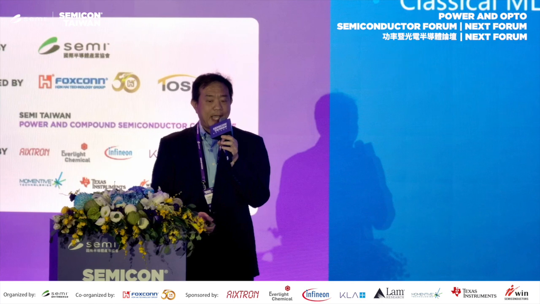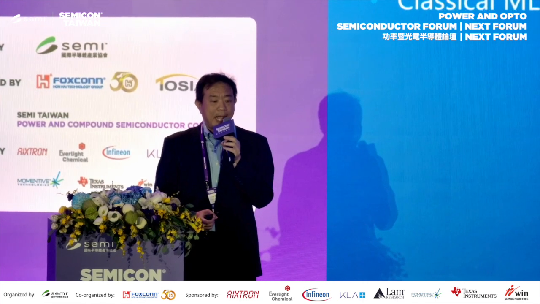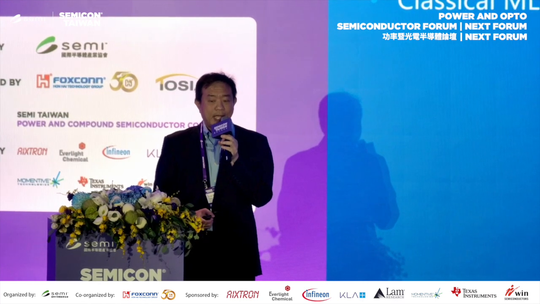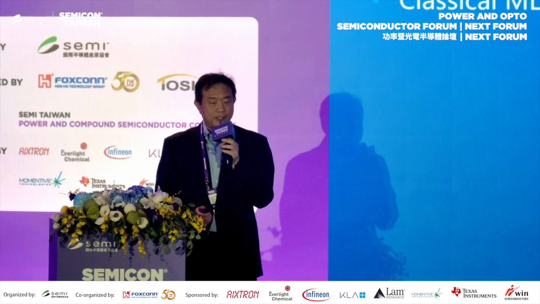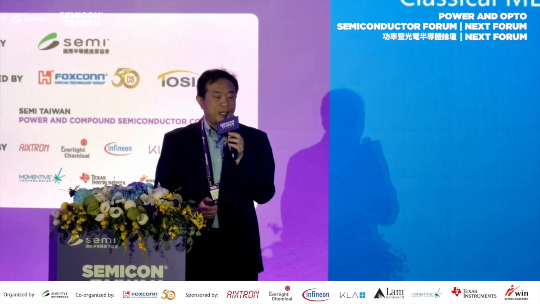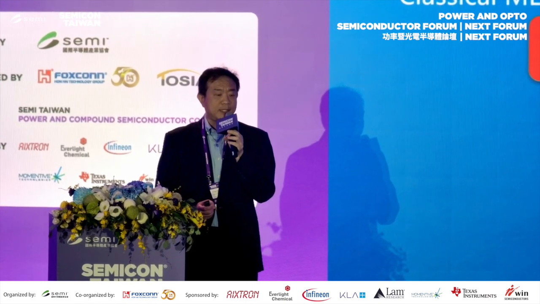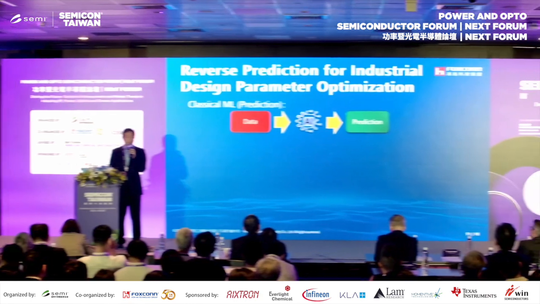Okay, so before we go into the detail of the AI model, I want to see this problem from a new perspective and let you know that this is not as easy as a classical machine learning problem. I think we should call it reverse prediction. So this is the process of classical machine learning.